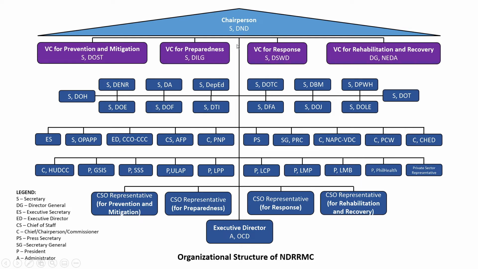And lastly, right below the organizational structure is the CSO representative for prevention and mitigation, preparedness, response, and rehabilitation and recovery. And lastly, the executive director, which is the administrator of the OCD.